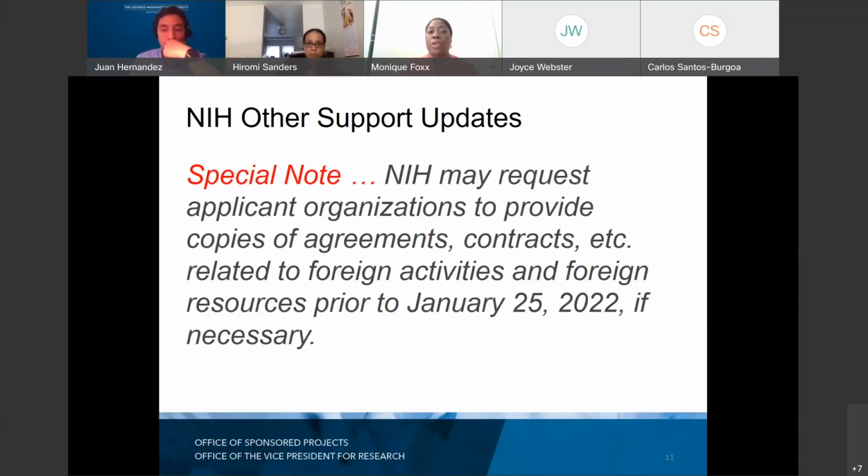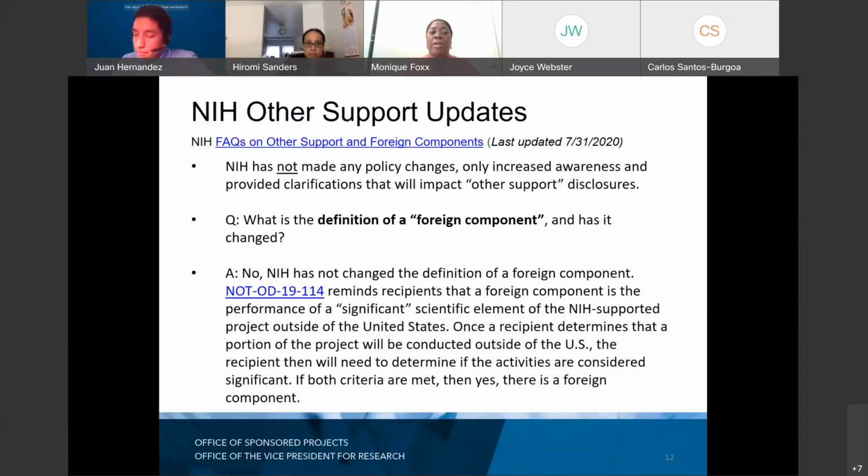So again, when they're reviewing your entire application for peer review, the biosketch, your other support, your devoted commitment of effort, your publications, all these things come into play. And if they notice either discrepancies or they have knowledge of information that they did not see disclosed, they may come back and ask for those contracts.